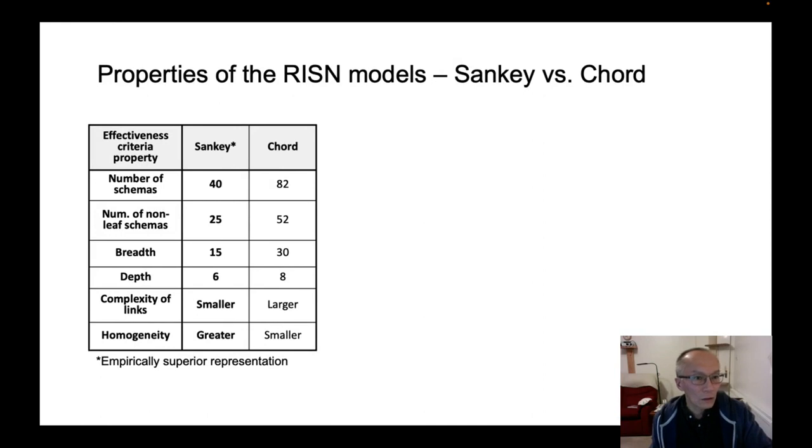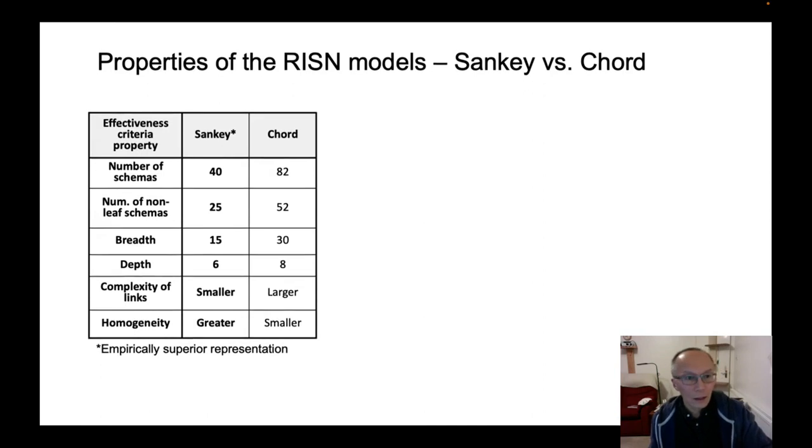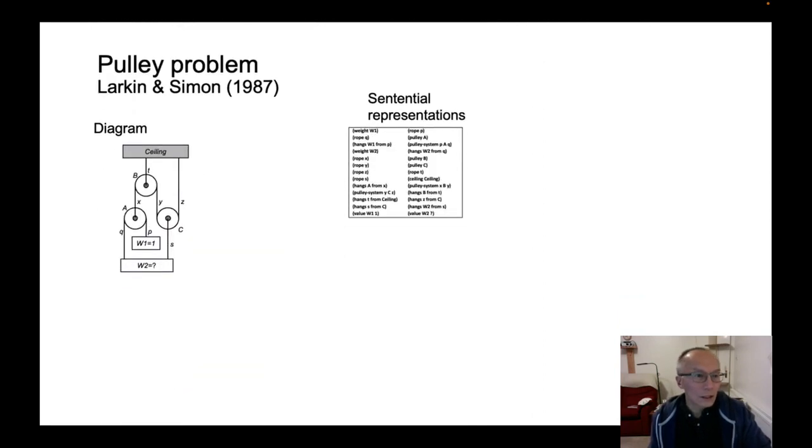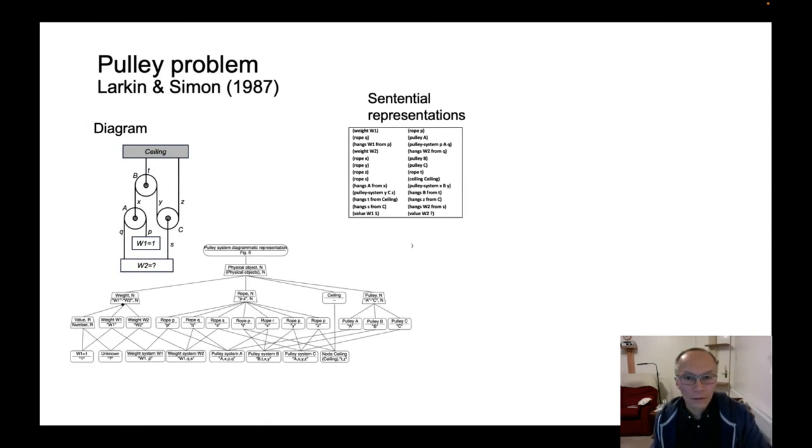When we quantify the two models according to the criteria, the model is better for the Sankey diagram compared to the chord diagram. The second case study we did was based on Larkin and Simon's seminal work, in which they demonstrated the superiority of diagrammatic representations compared with sentential representations. These are the models.